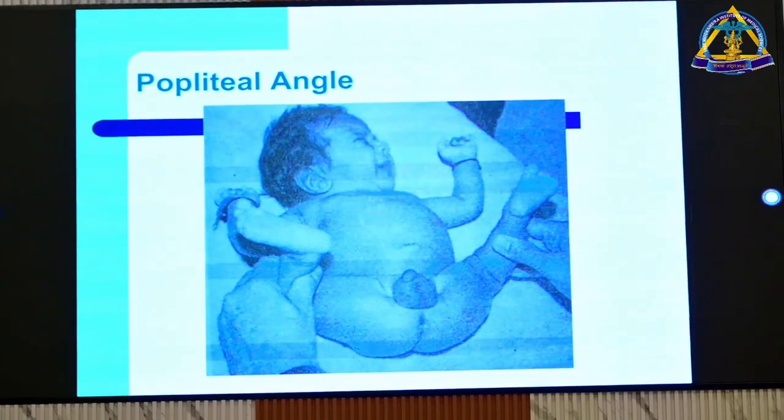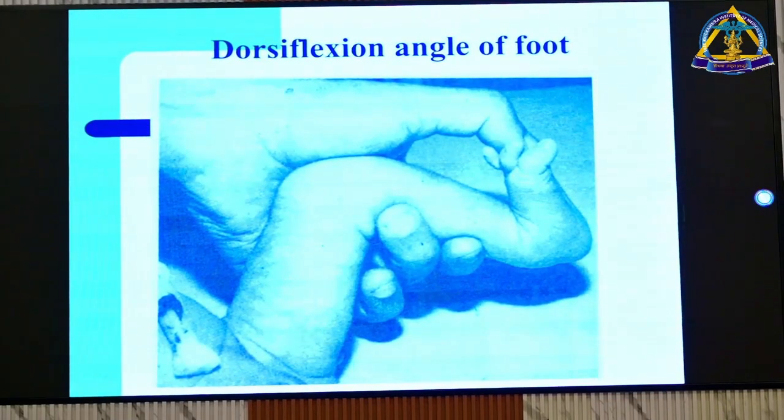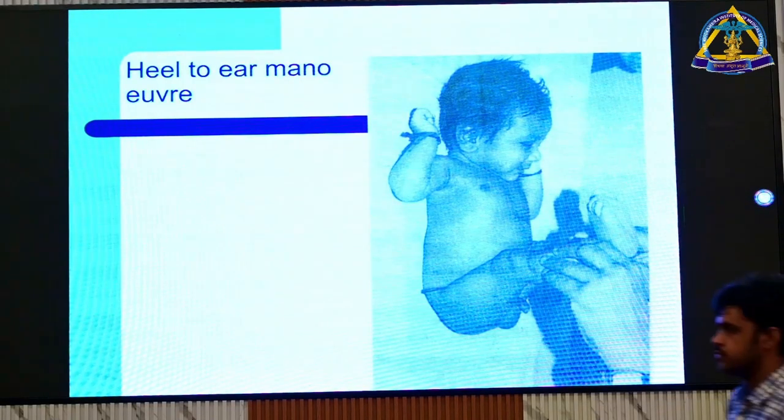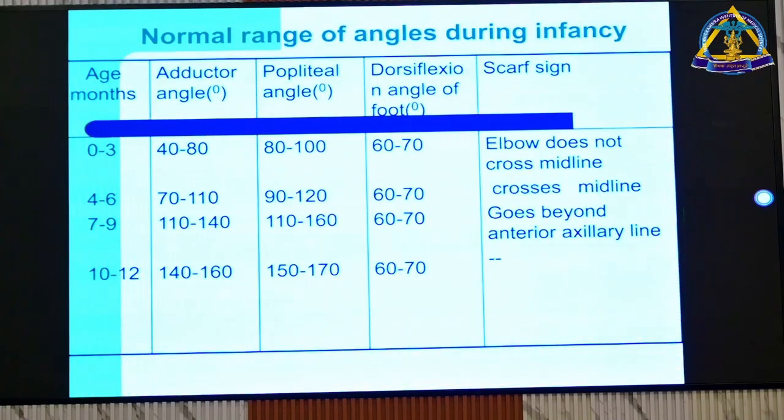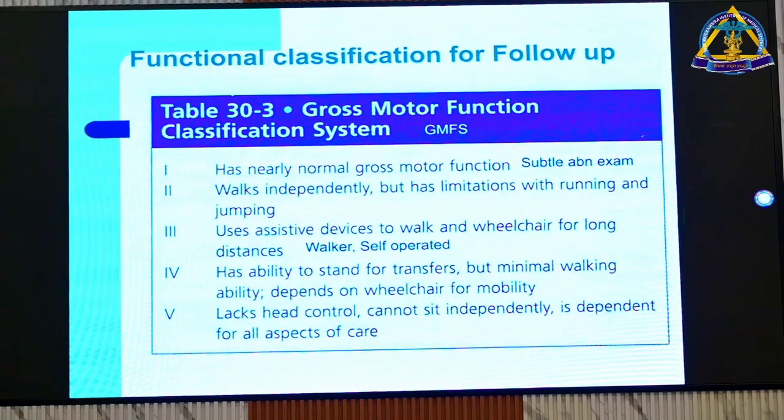This is another, popliteal angle. You can just forget. Those first class values and all, you can just see in the book. In the book, it is all given. These angles you need not know, again for postgraduates. Yeah, this sometimes they may ask.